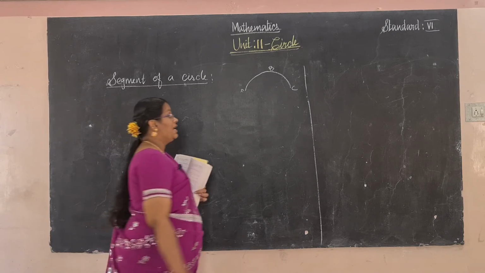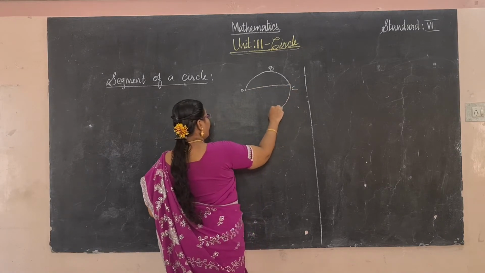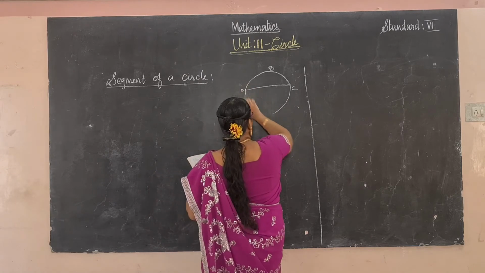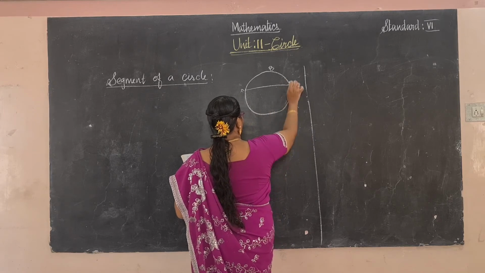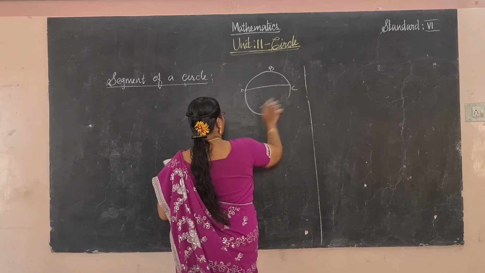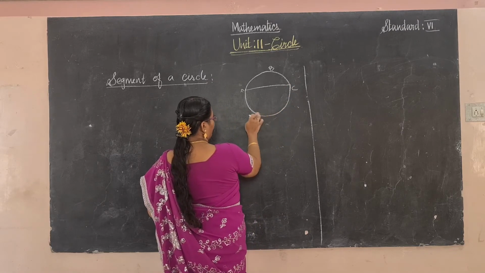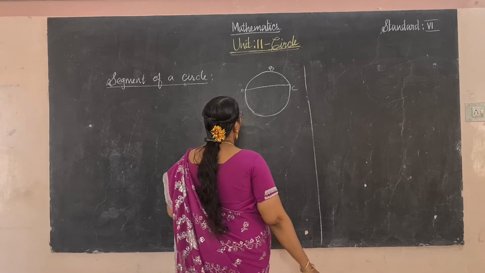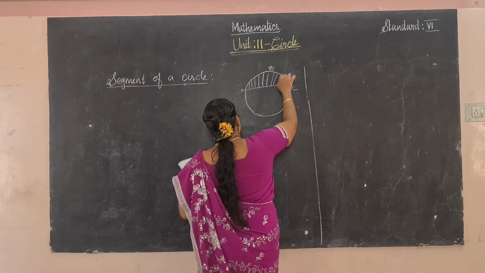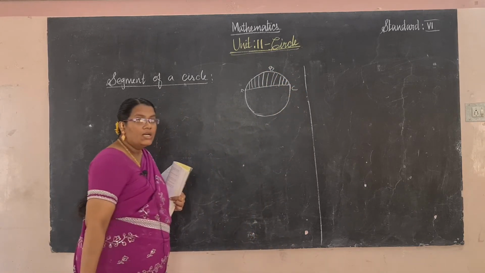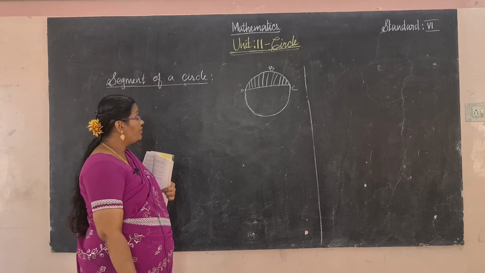Closed by the line segment, that is called the segment of the circle. What is the difference between the arc of the circle and the segment of the circle?